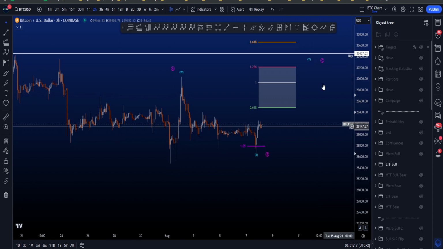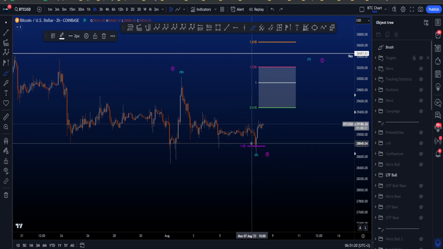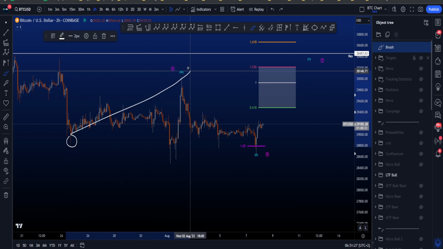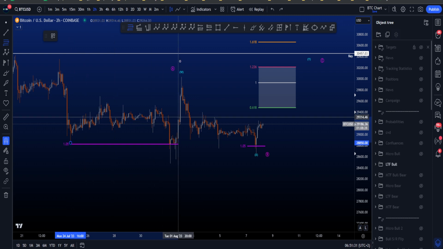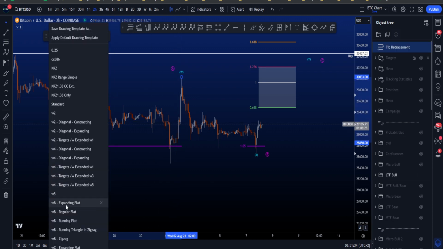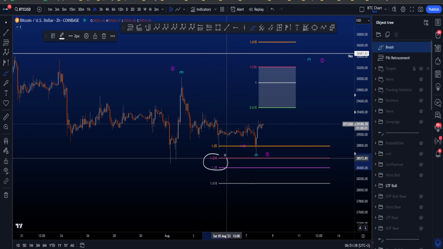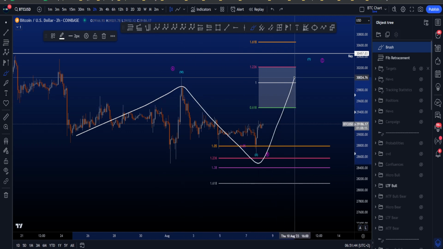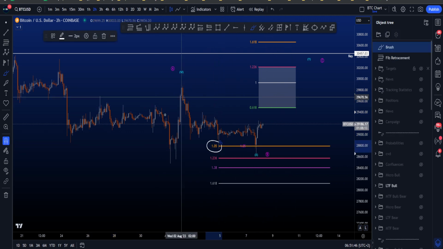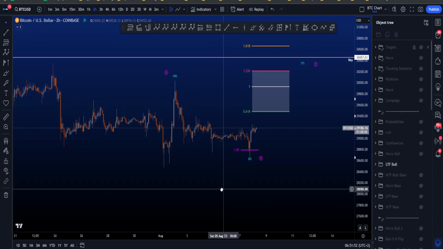In this scenario, if this is a potential ABC and this is the low of a wave B, then the low of wave B has been made at the 1.05 Fibonacci, taken from the low to the high of wave A, which is a rare target for a wave B expanding flat. We are looking for an expanding flat structure, and the common targets for a wave B are between the 1.236 and the 1.38 for an expanding flat wave B, and then a 3-3 and then a 5 wave move. The 1.05 is a rare target, so that is important information for the probabilities as well.